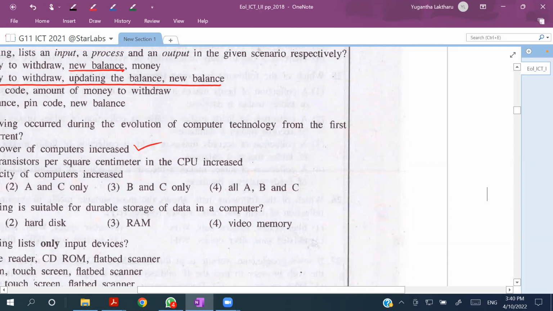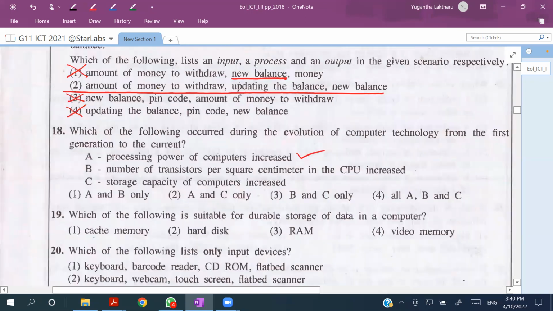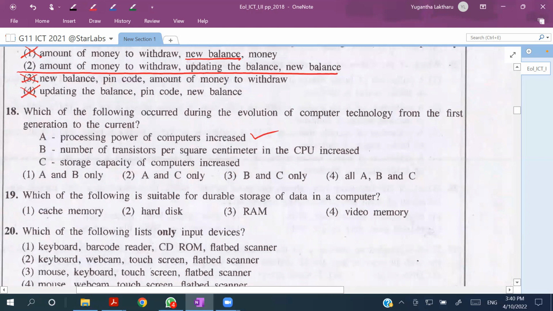But since they are talking about the CPU specifically, yes, we can argue with it, but I doubt whether that is what they have chosen. When it comes to the newer generations, it's not the transistors that we are talking about, but the base technology is going to be the transistors. So let's think it is okay for the moment, and we'll cross check it with the MCQ answers, right?